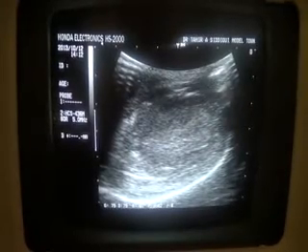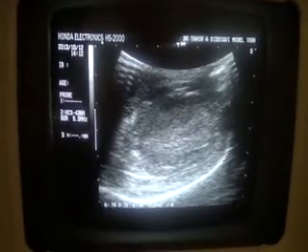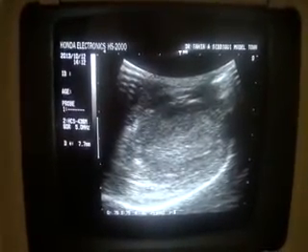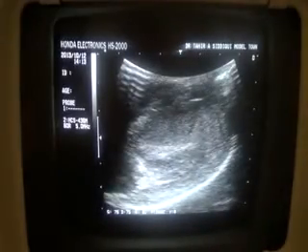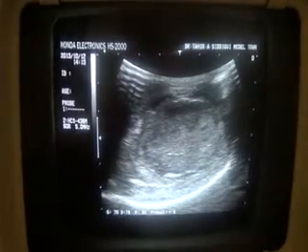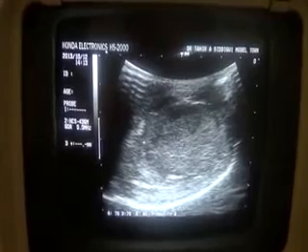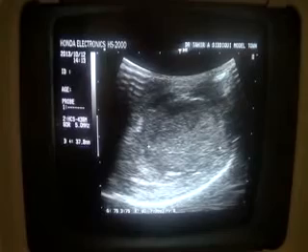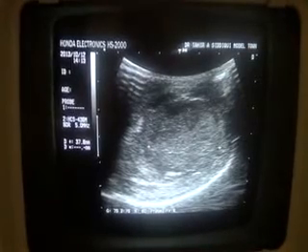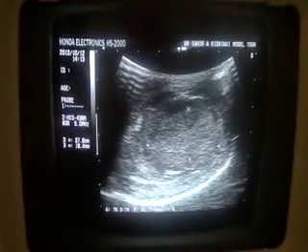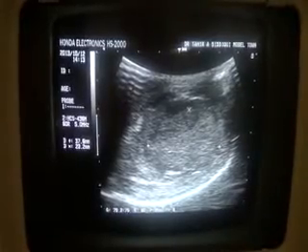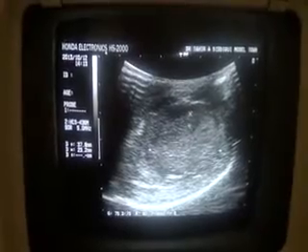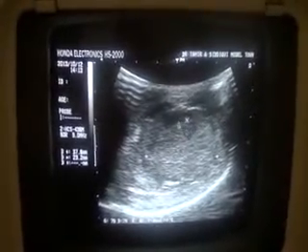This is the wall of the right hemiscrotum, measuring approximately 7.7, and the testis measures 3.7 by 2.3 centimeters. This is another small echogenic focal lesion with halo around.